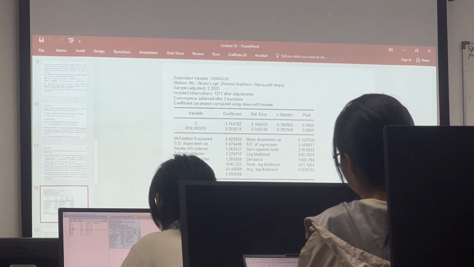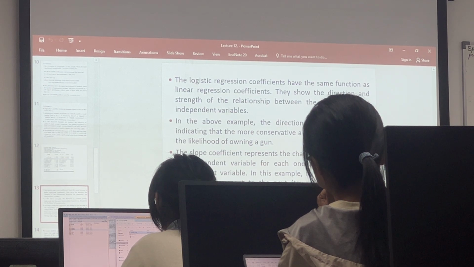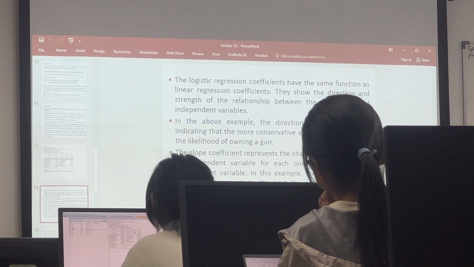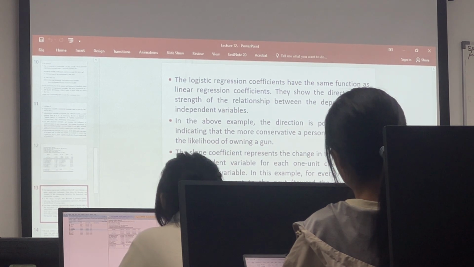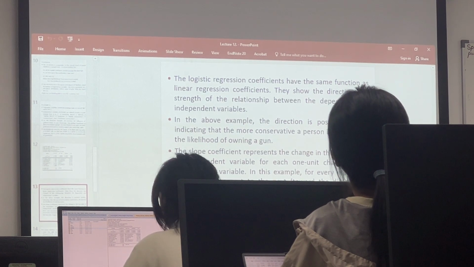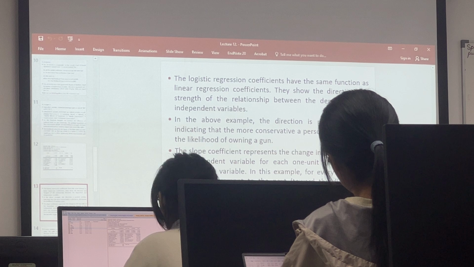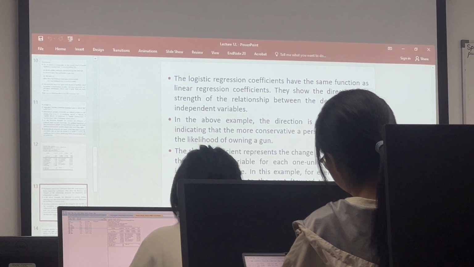So the result we obtained just now: the logistic regression coefficients have the same function as linear regression coefficients. They show the direction and strength of the relationship between the dependent and independent variables. In the above example, the direction is positive because the slope coefficient is positive, 0.268, indicating that the more conservative a person is, the greater the likelihood of owning a gun.